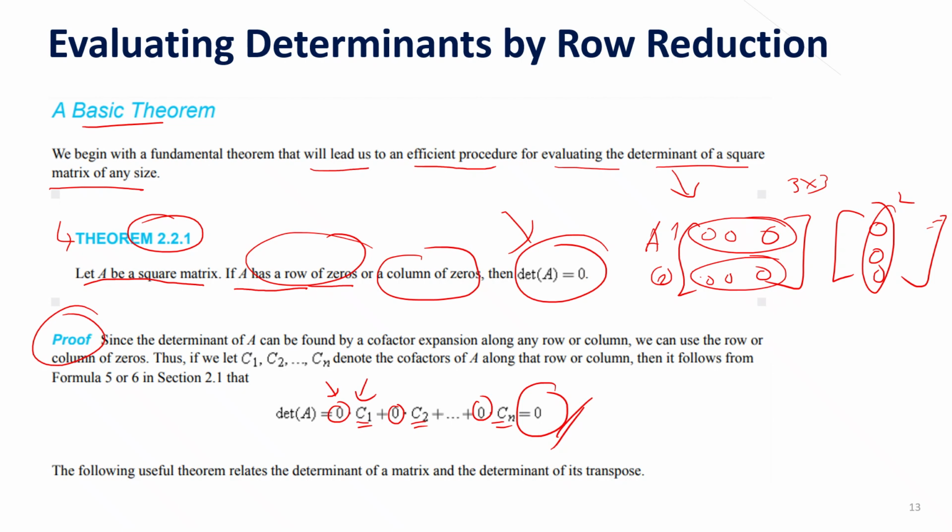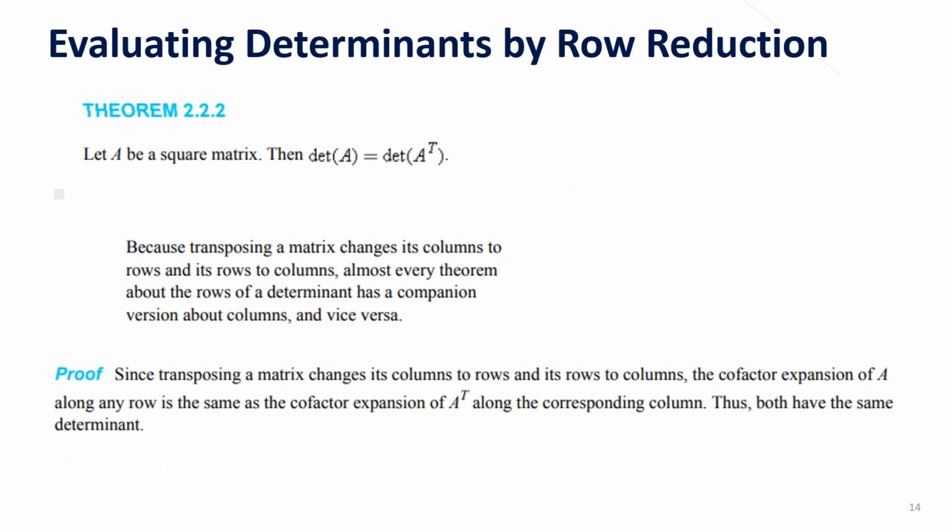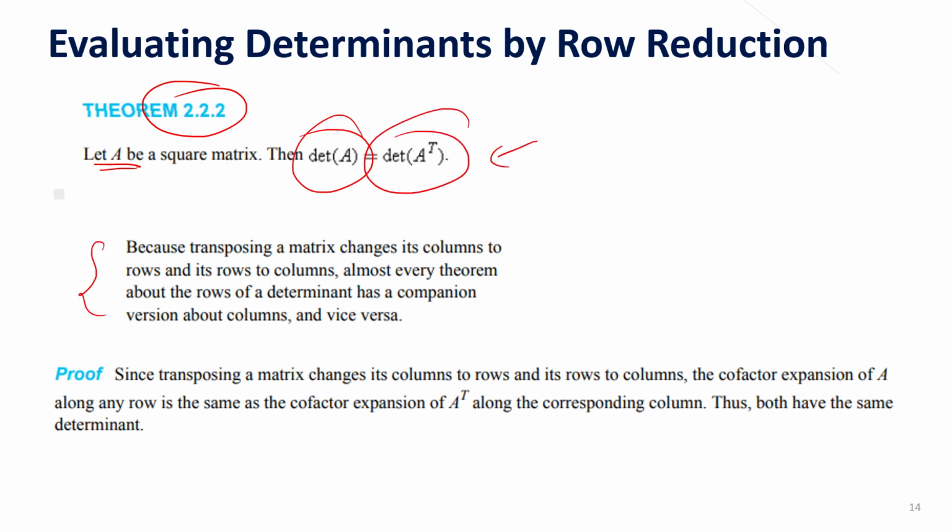Later, it will relate the determinant of a matrix and the determinant of its transpose. Another theorem that also builds up to our discussion is this: when we have a square matrix A, the determinant of A equals the determinant of A transpose. Why? Because transposing a matrix changes its columns to rows and its rows to columns.